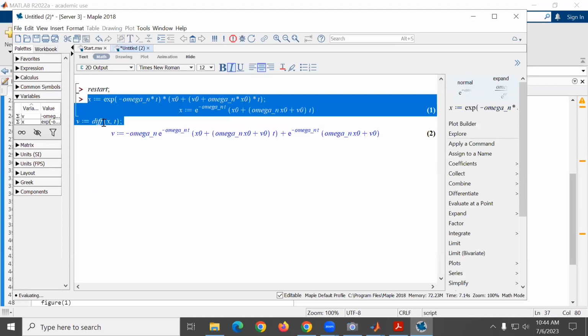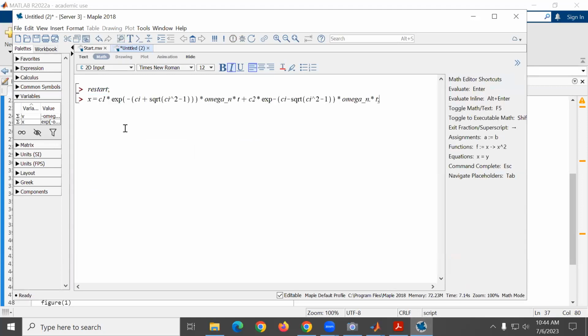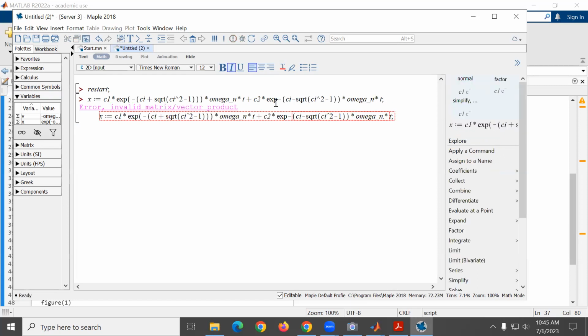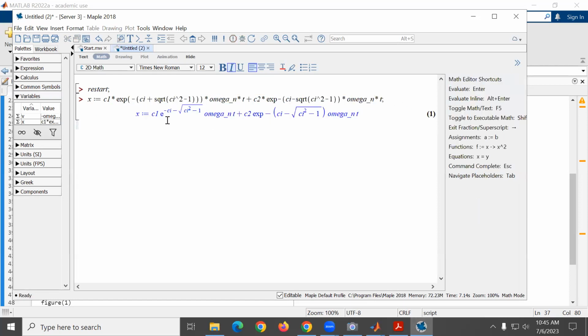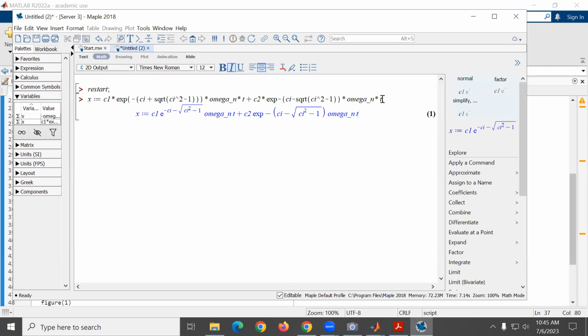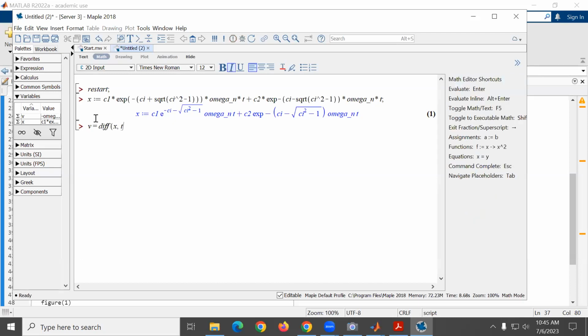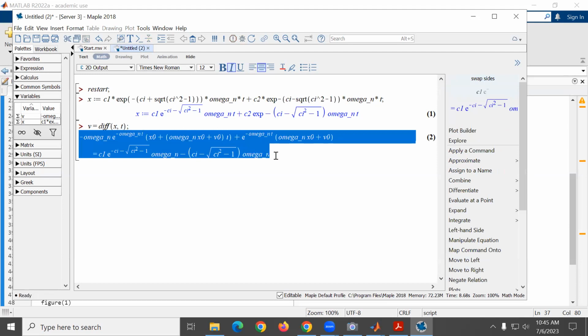So Maple. I mean, you see the way I will do it? C1 are constant, so it should not change anything. So this, oops. Oh, you need to remove the dots. There's only one dot here. Oh, so easy then. Okay, so I need to create another execution file. This one, v will be equal to differentiate x comma t. That one doesn't look that pretty, but doesn't matter. We just do copy paste, no?